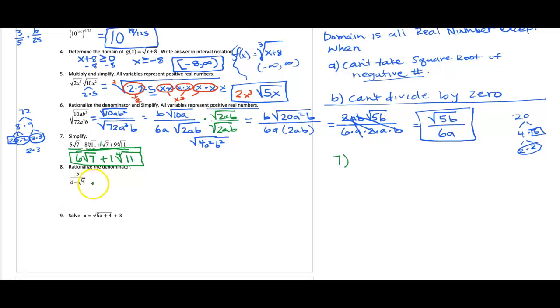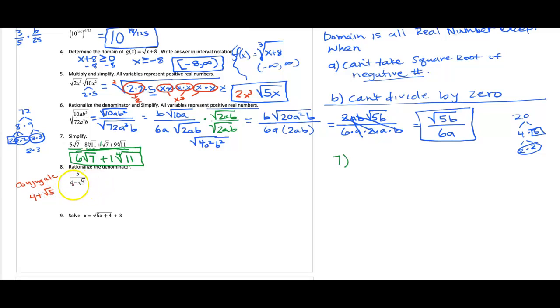Okay, so this next one, we're rationalizing the denominator again. On one like this, I can see on the bottom that I have 2 terms. It's a binomial, right? 4 minus the square root of 5. When I have something like that, I'm going to multiply by what's called the conjugate. And so the conjugate of this is 4 plus square root of 5.